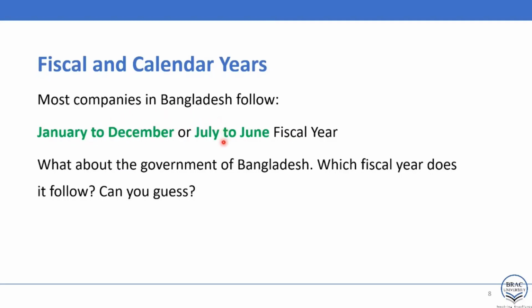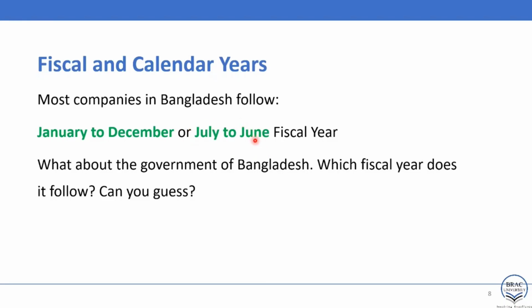And there are also some companies that start their accounting on July 1 and end on June 30. So normally most companies follow either January to December or July to June. What you understand from that is that a company's fiscal year may be the same as the calendar year, and it can also be different from the calendar year.